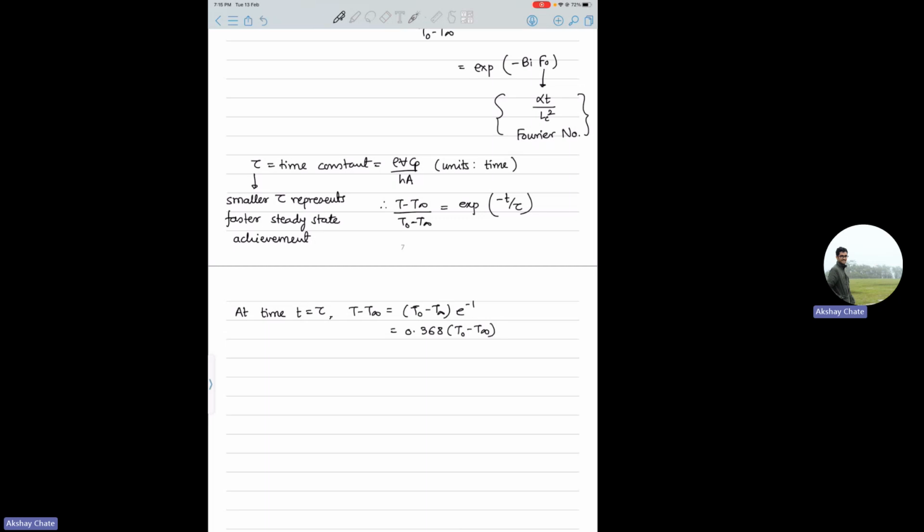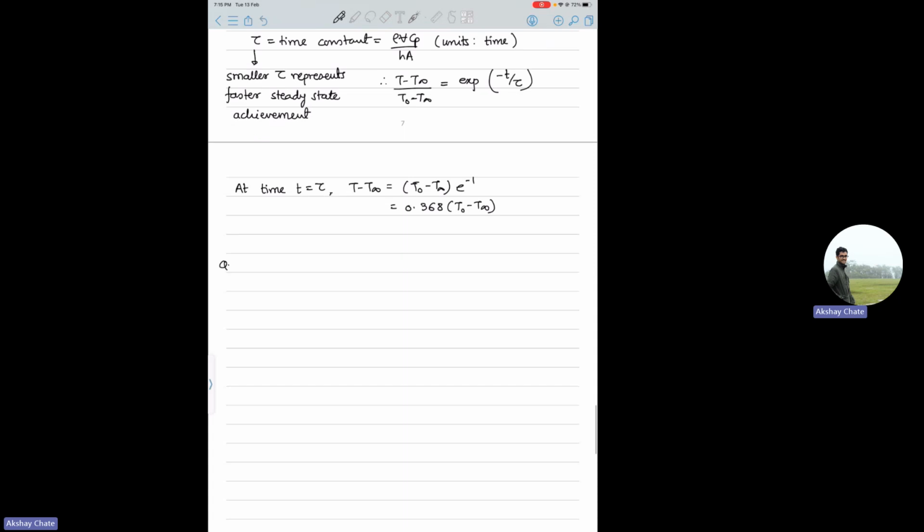Before moving on, sorry, I forgot: you need to calculate the energy released from the body, right? So basically, you take the temperature derivative with respect to time. You differentiate equation number 1.